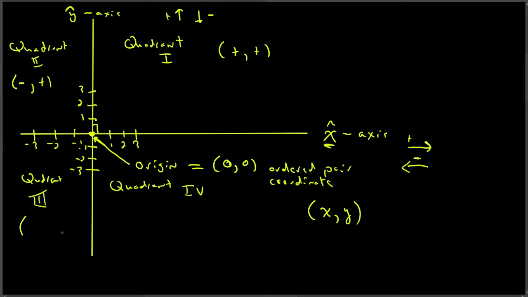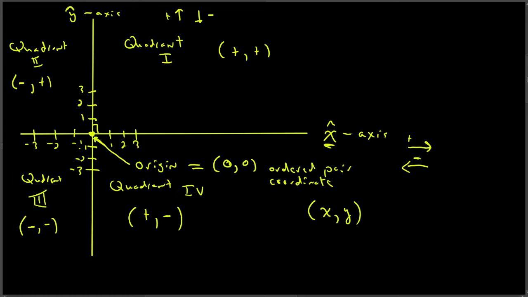Quadrant 3, both the y and the x are negative. And in quadrant 4, the x values are positive, and the y values are negative. And so this is how we can divide space to work with a pair of numbers.